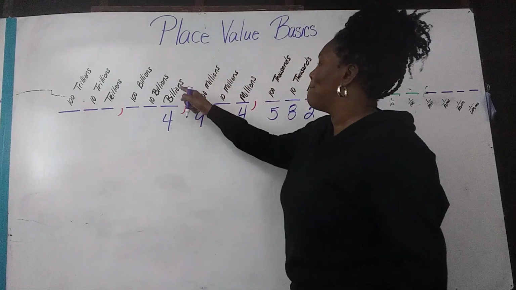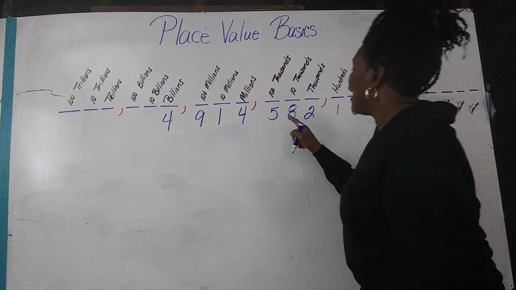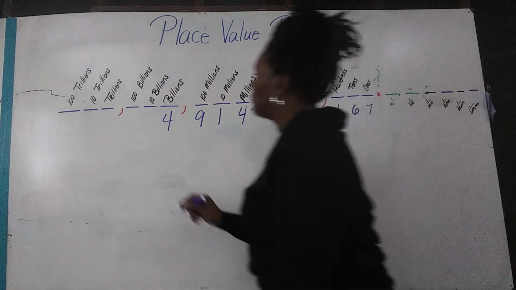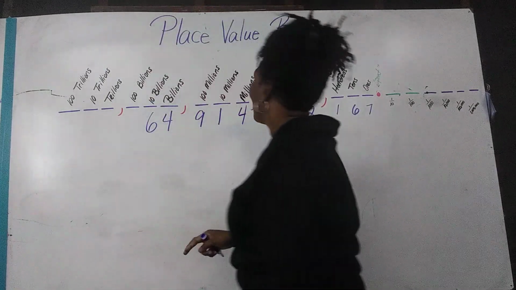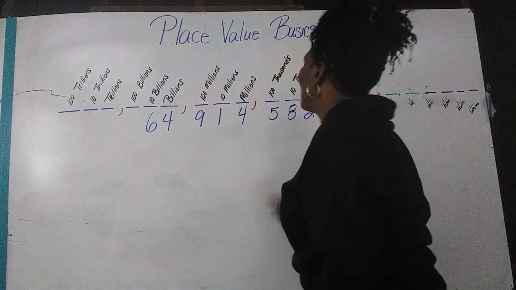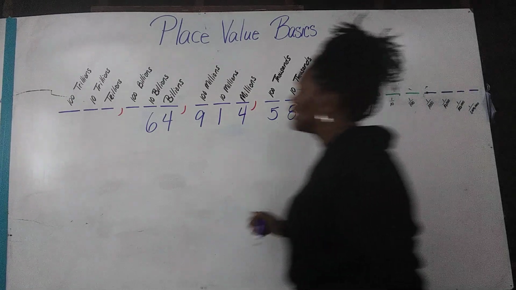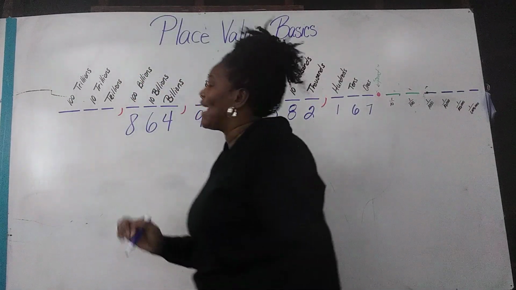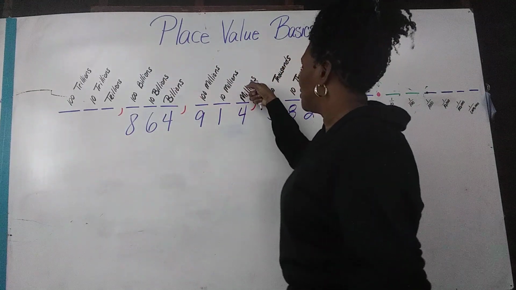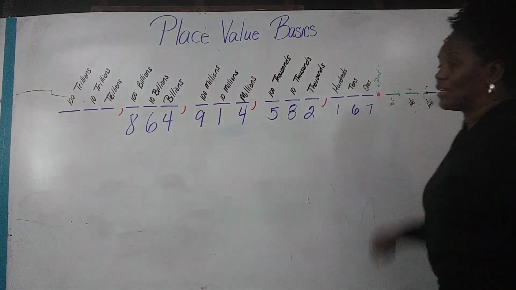Now we have 4,914,582,167. Let's put another number. Now we have 64,914,582,167. Let's put another number. Now we have 864,914,582,167.